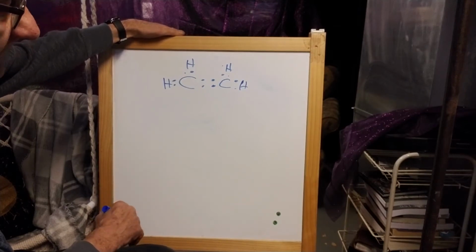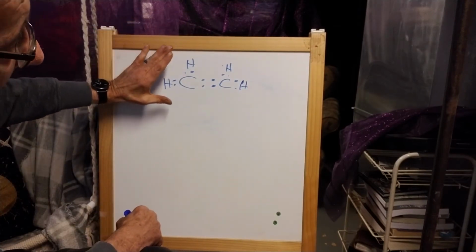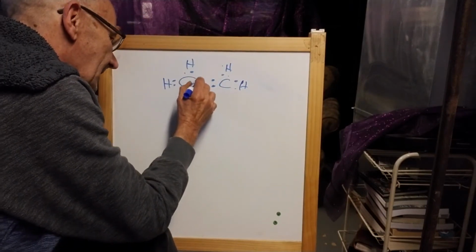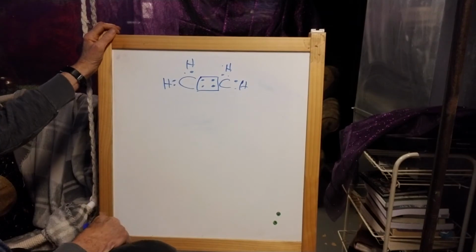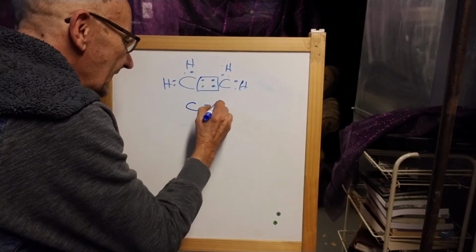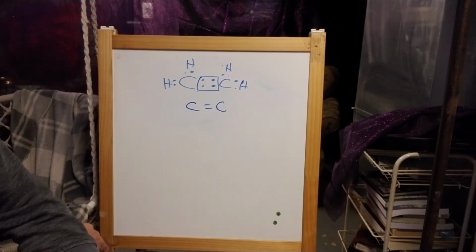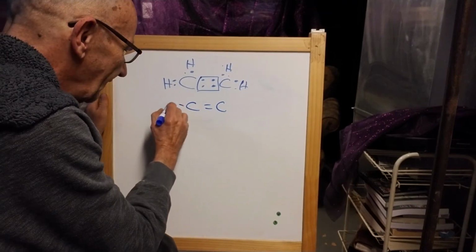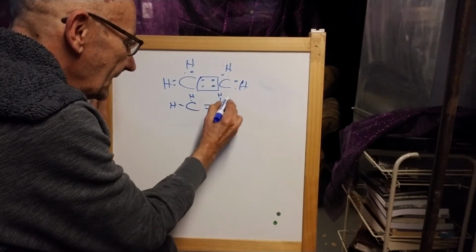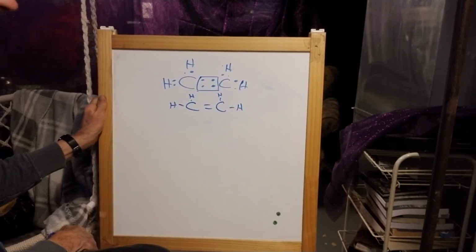Not that you need to know that, but I just want to illustrate the concept here. See this right here? That would be written as C double bond C with H, H, H, and H.